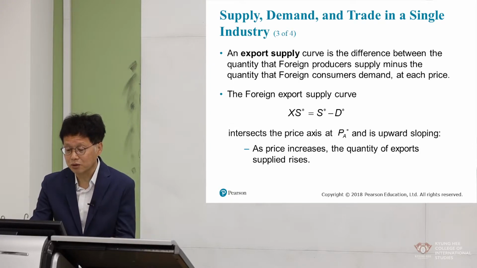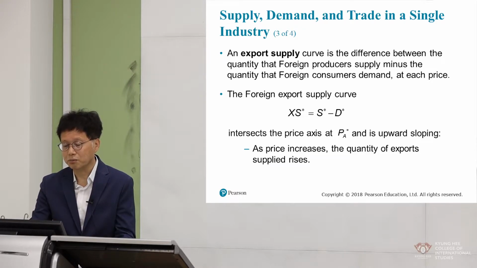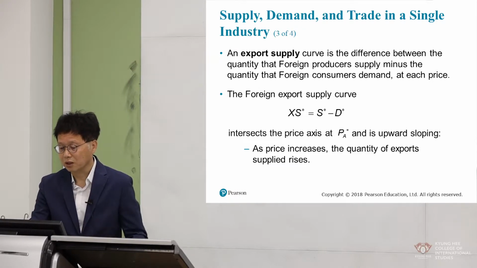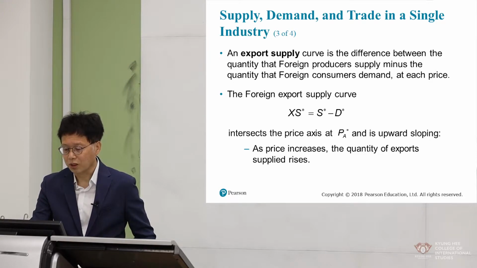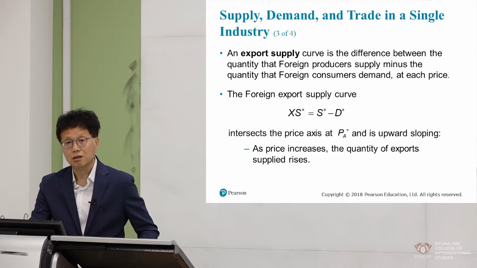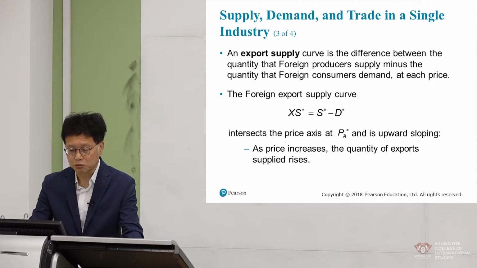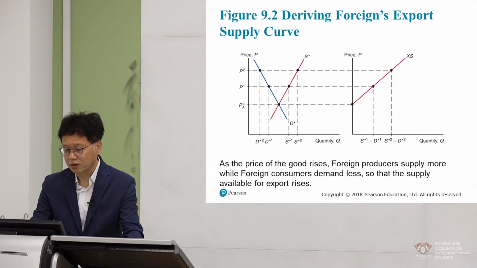The starting point of export supply at the world market is the foreign autarky price, and it is upward sloping. As price increases, the quantity of export supply by foreign rises. Everybody knows this. Graphically, that is the autarky price and export supply at the world market, starting from PA star.